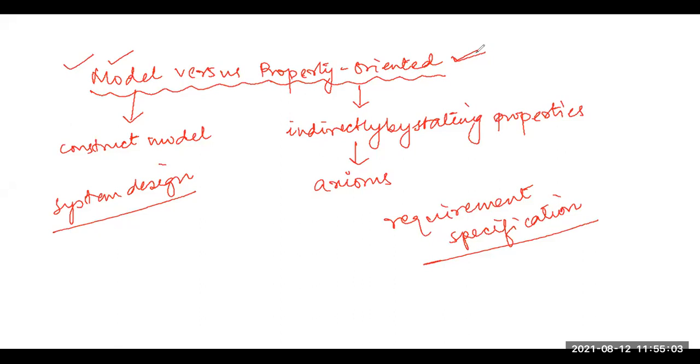On the other hand, model oriented methods do not support this. Suppose initially we know that the customer requirements undergo several changes as the development proceeds. For these sorts of things, if I use a model oriented approach, then even minor changes to the specification may require me to change my entire model.